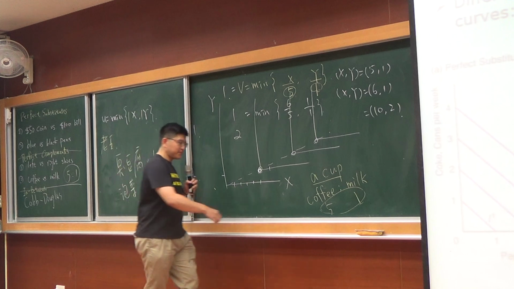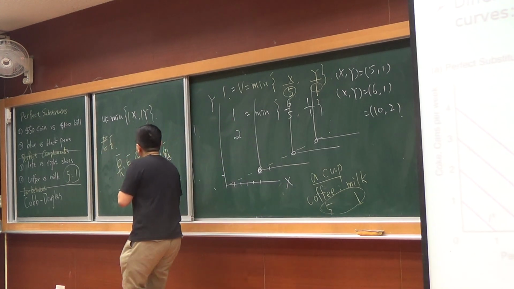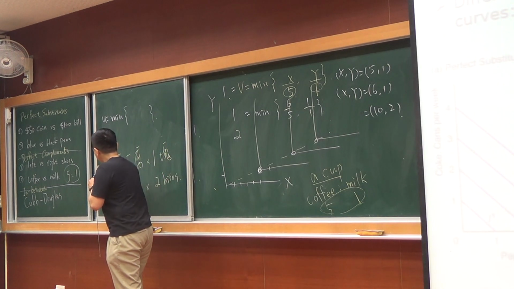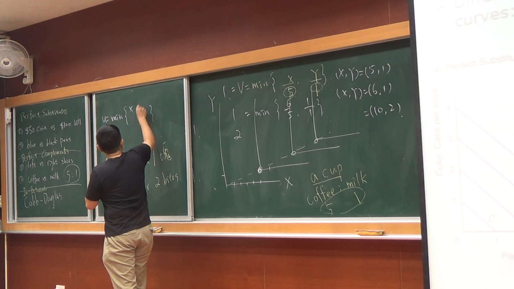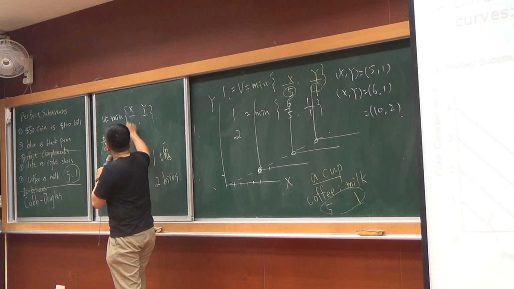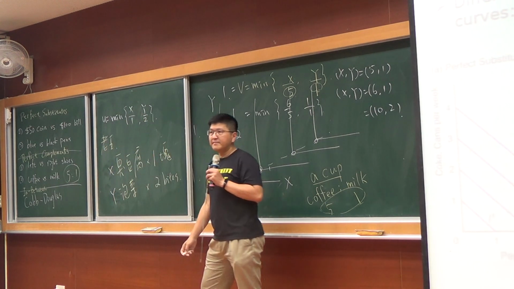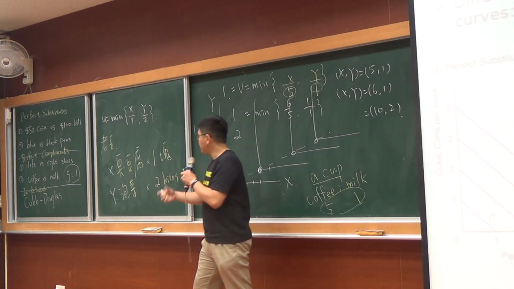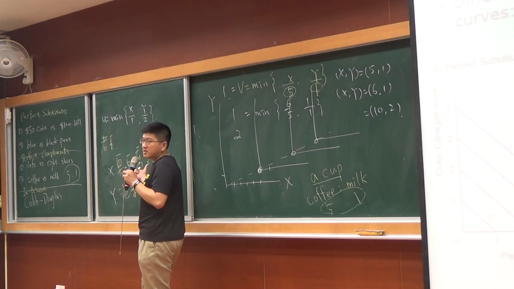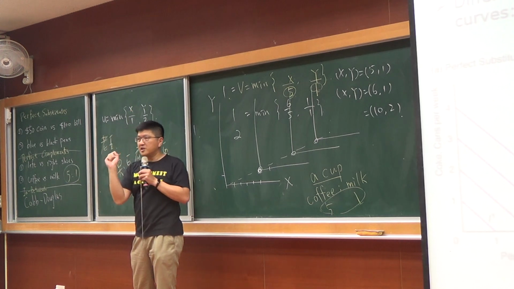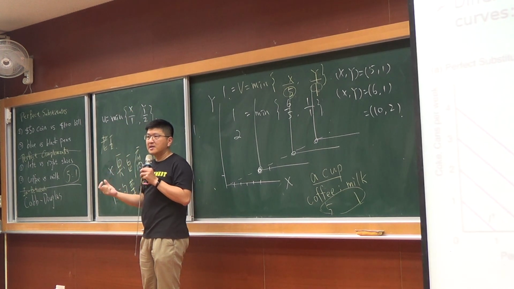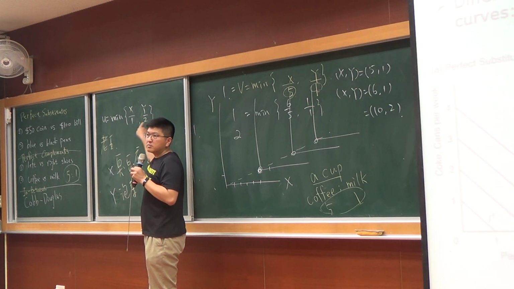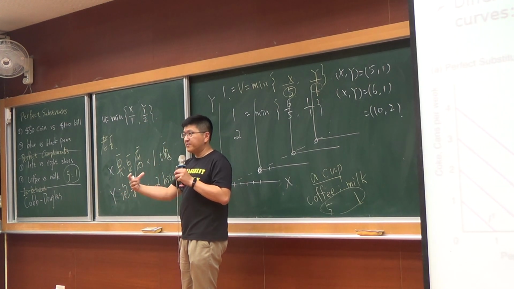Then if this is x and this is y, x and y should be 1 to 2, right? For a perfect combination, 1 sticky tofu provides 1 unit of the combination, and 2 bites divided by 2 provides 1 unit of the combination.